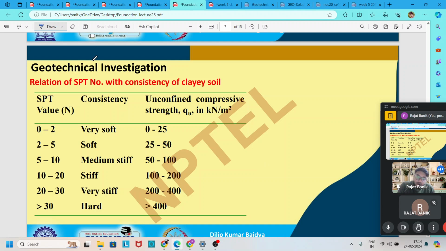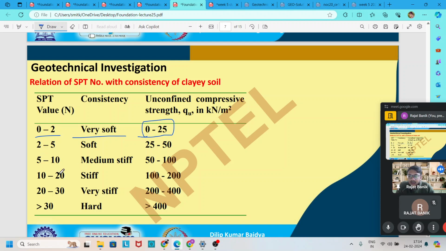Then there is the correlation between the consistency and unconfined compressive strength of the soil based on the SPT number. If the SPT number is between 0 to 2, it is called very soft soil consistency, and the unconfined strength is between 0 to 25.